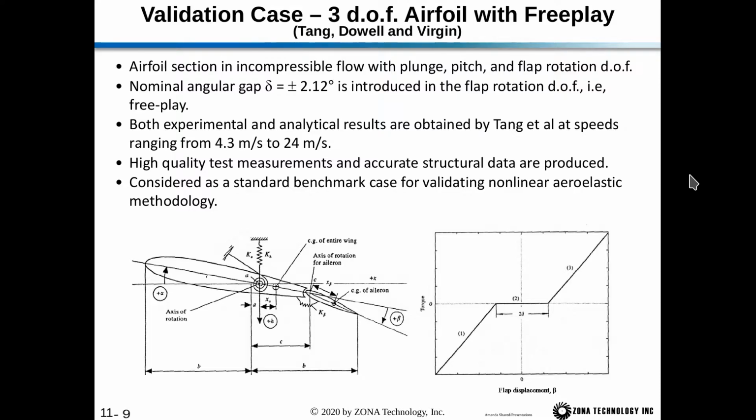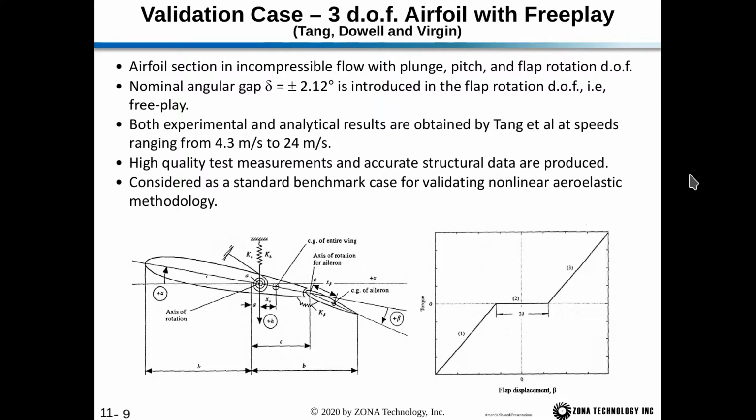So let's go through several test cases here. First, we have a validation case, a 3 degree of freedom airfoil with Freeplay. The airfoil section is in incompressible flow with plunge, pitch, and flap rotation degrees of freedom. The nominal angular gap delta of plus or minus 2.12 degrees is introduced in the flap rotation degree of freedom, which defines the Freeplay.